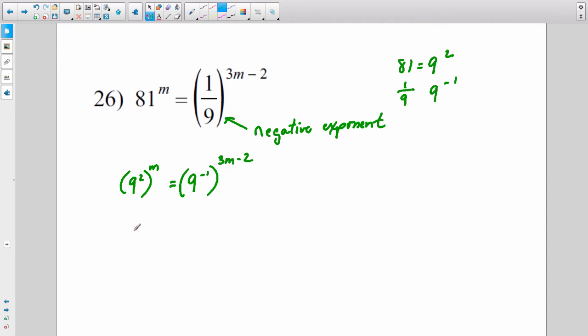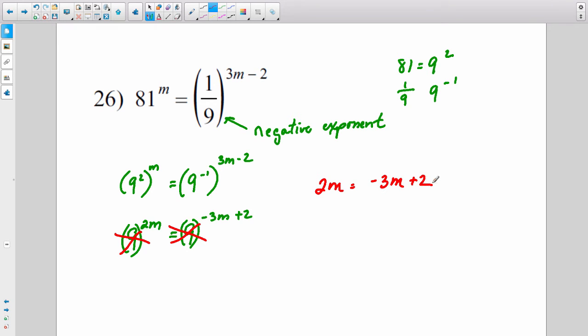Using the distributive property for the product rule, right, we're going to multiply. There you go. And then this guy is negative 3m positive 2. Look at these common bases. Gone. Simple equation now. 2m is equal to negative 3m plus 2.